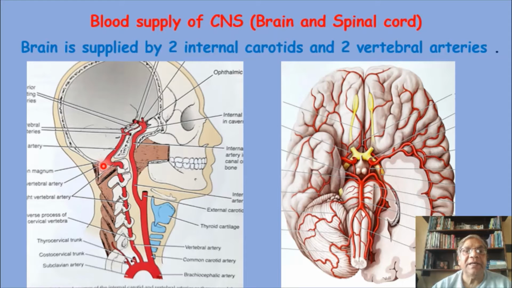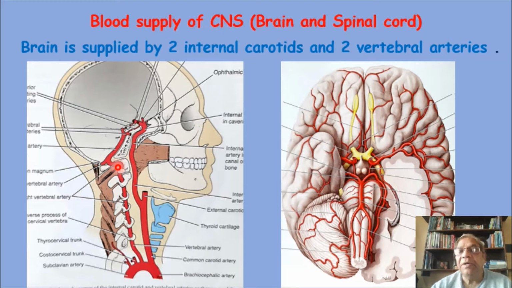So the right and left vertebral arteries, after coming out through the atlas vertebra, penetrate the dura and arachnoid mater, and then go into the subarachnoid space through the foramen magnum.